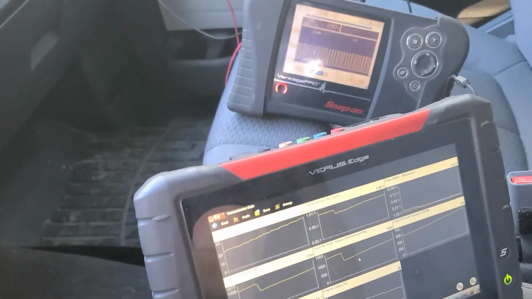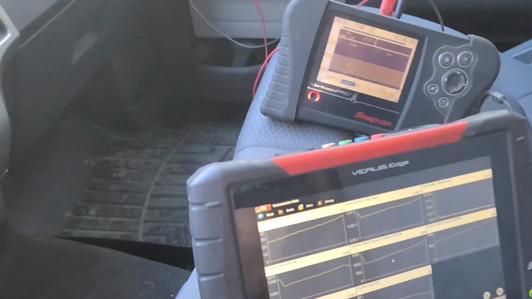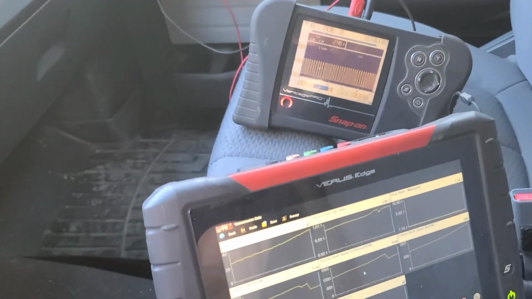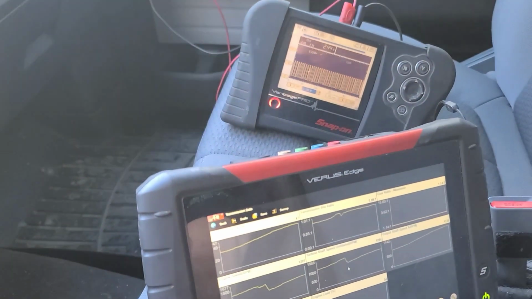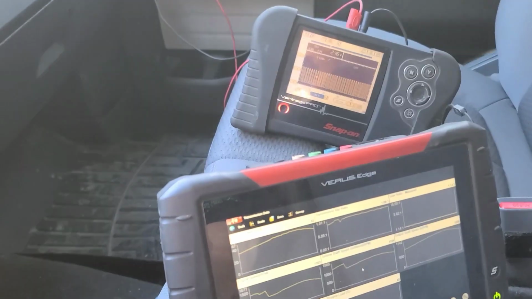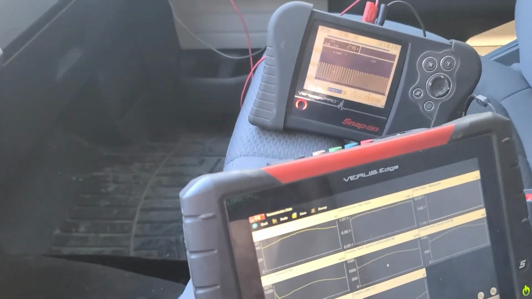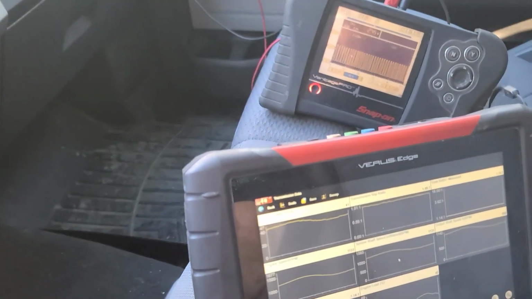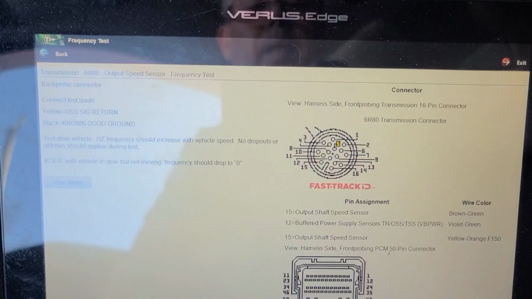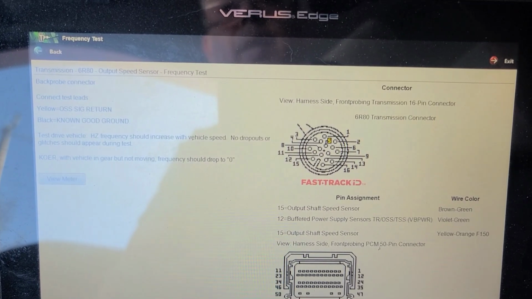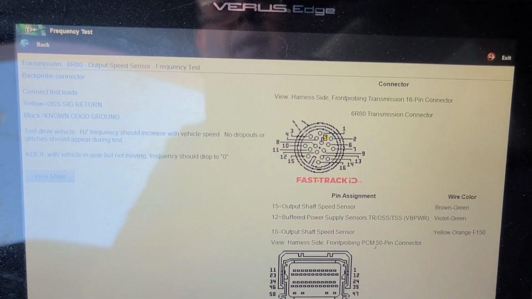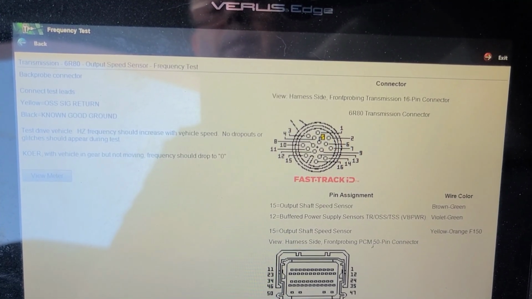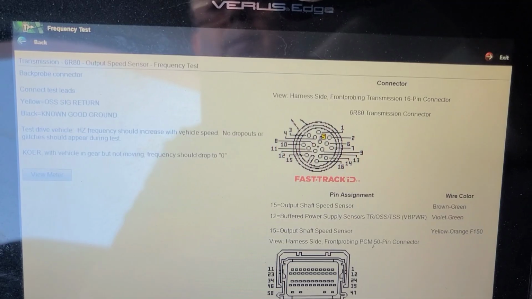It might be better to graph the frequency instead of graphing the lab scope pattern, especially with this Snap-on lab scope, because it doesn't zoom in. So I'm going to use my Verus Edge to split screen and graph the frequency of the speed signal, as well as watch the data on the scan tool.